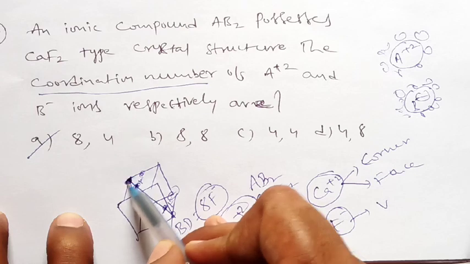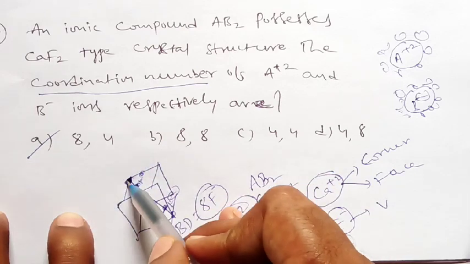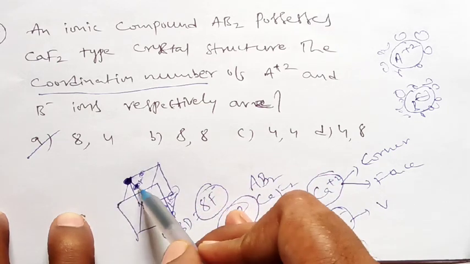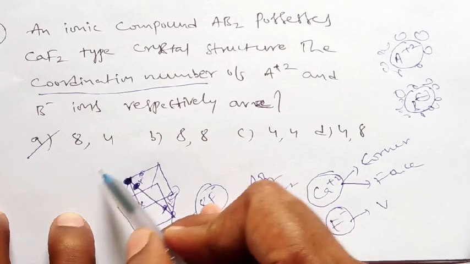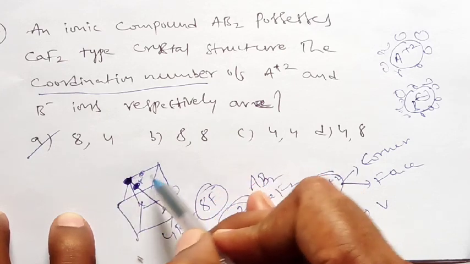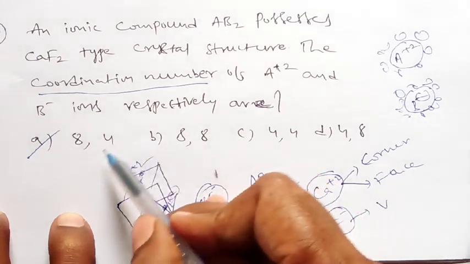Because if you take this corner, 8 surrounding unit cells are there. You know, one corner point is linked with 8 other unit cells. So very close to it, one void is here. Similarly, 8 voids surround one corner. Is it okay? So this corner point is Ca plus 2, linked with 8 other unit cells.